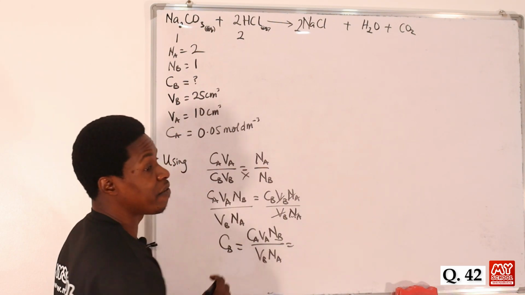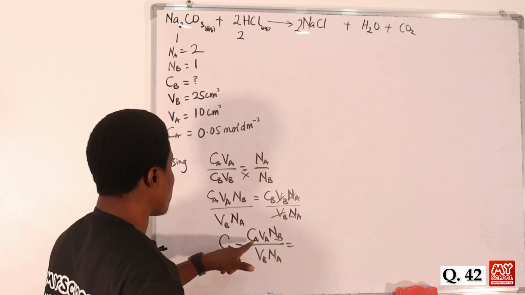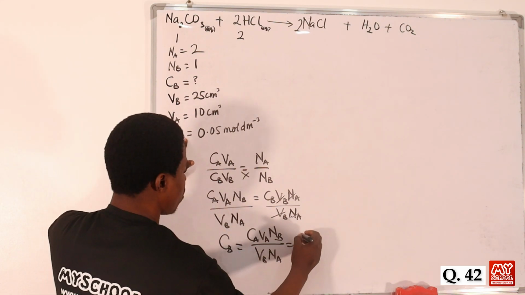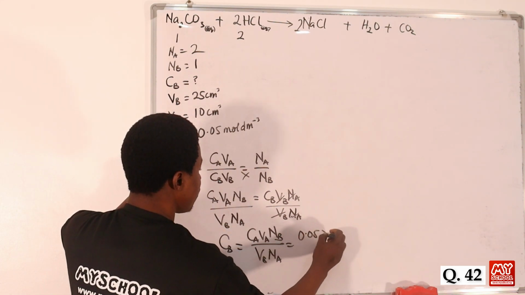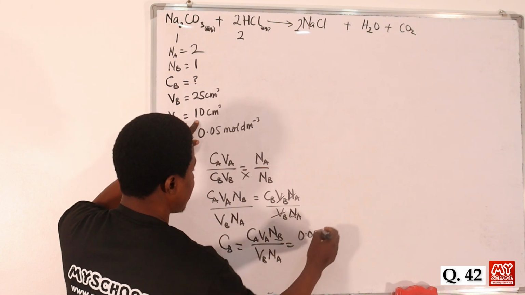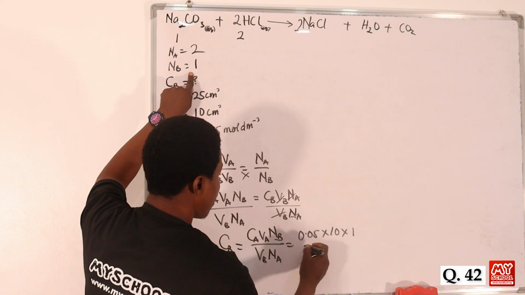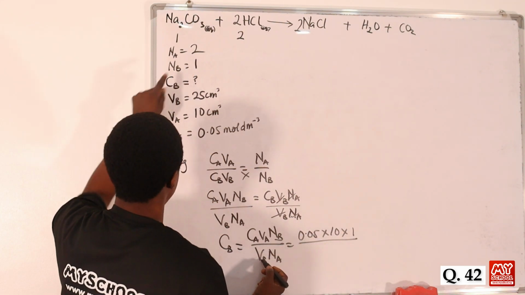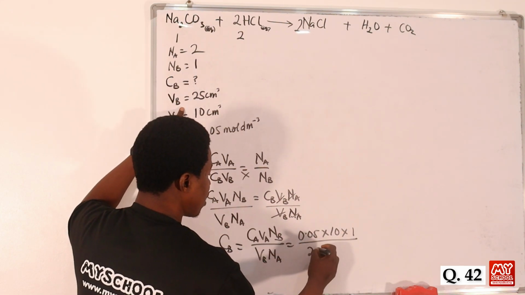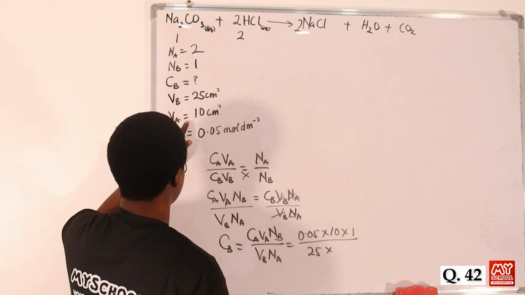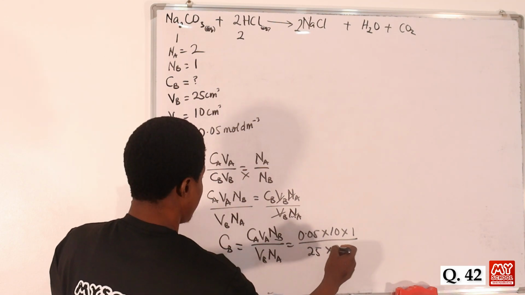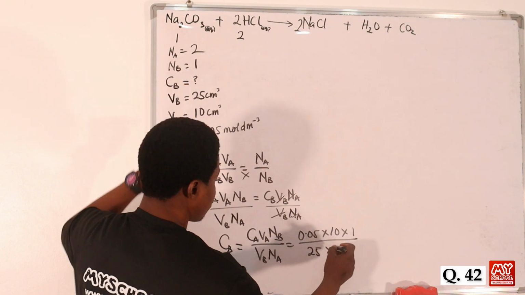So let's plug in the values we have now to make it easier. The concentration of acid is 0.05, multiplied by the volume of acid, 10, multiplied by the number of moles of base, 1, all over the volume of the base, given to be 25 cm cube, multiplied by the number of moles of acid, which is actually 2.